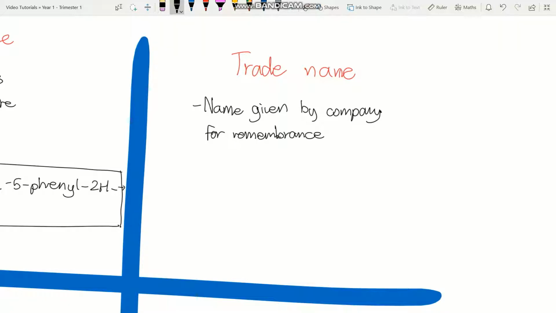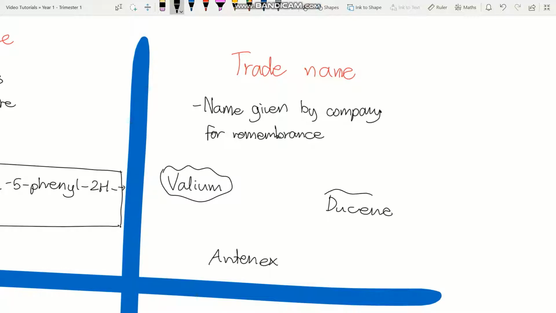If we once again take the example of diazepam, it can be sold under various names such as Valium, Geucine, and Antonex. And these are just some of the examples that exist around the world. Obviously, different countries and different pharmacological companies will have their own trade names.